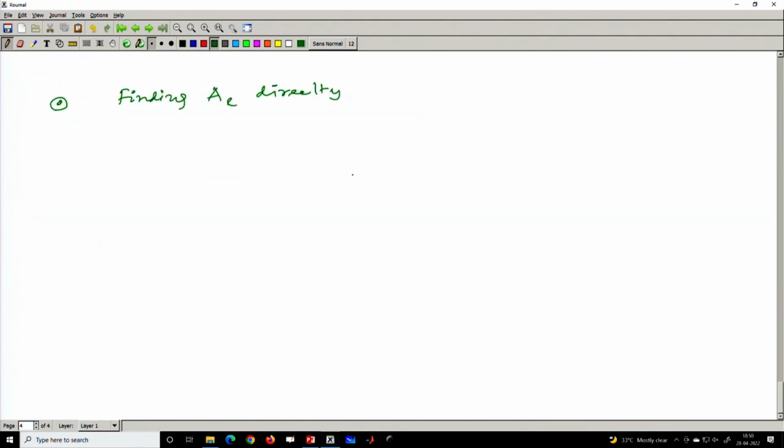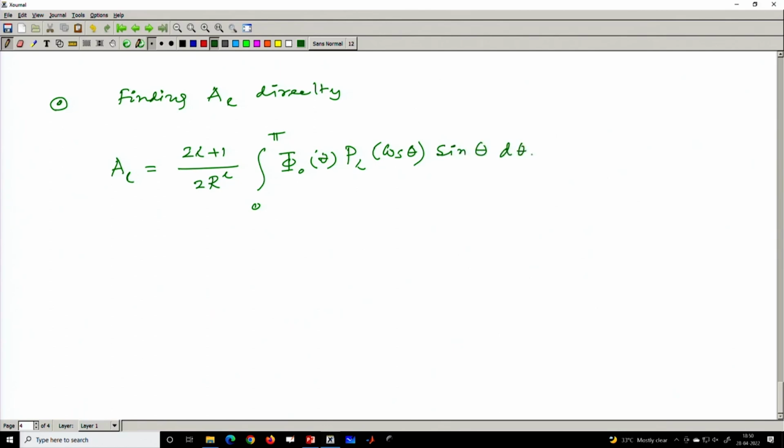So, what I have here is A_L equal to 2L plus 1 divided by 2 r to the power L, integration 0 to pi, phi 0 of theta, then P_L of cos theta, and then sin theta d theta.